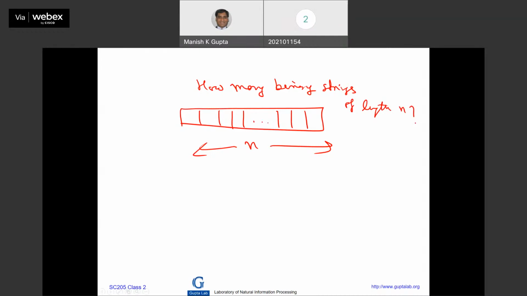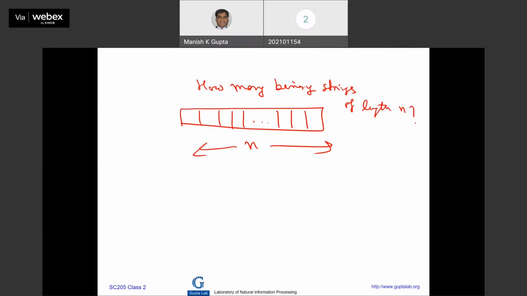What will you say? So you know counting already, right? Two choices here, two choices here, two choices here, right? 0 or 1, 0 or 1. So the total will be 2 into 2 into 2, n times, 2 raised to the power n. These things are given in the book as a chapter, right? It's common sense.